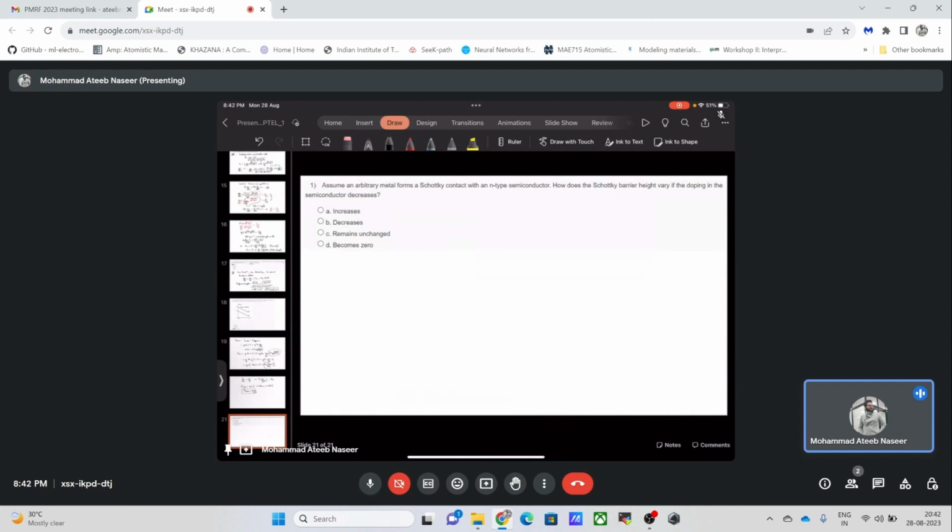These two types of contacts that we had seen both depended on the metal work function and the semiconductor work function. And we have seen that the semiconductor work function was a function of doping. However, the electron affinity of the semiconductor was a fixed quantity.